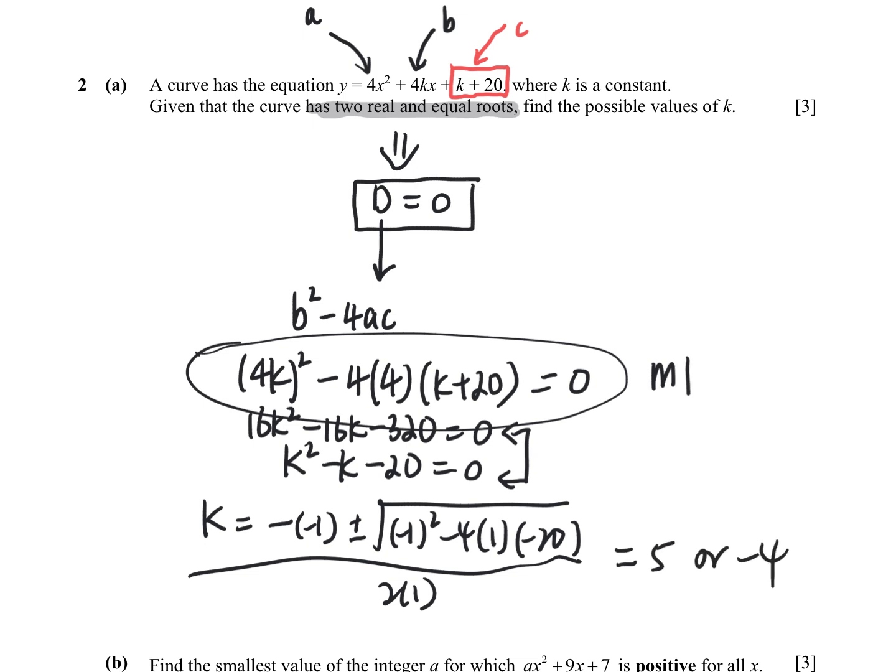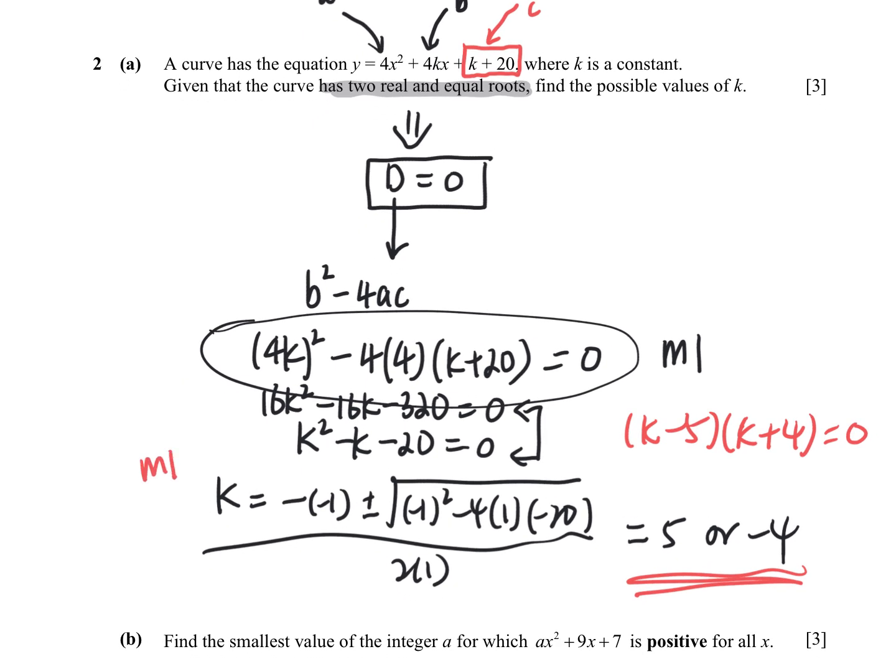Those who did the factorization method, you will get this, minus 5. So this is the factorized form and then your two solutions. So the method is 1 mark. Either you use quadratic formula or factorization, the answer is 1 mark. So 3 marks altogether.